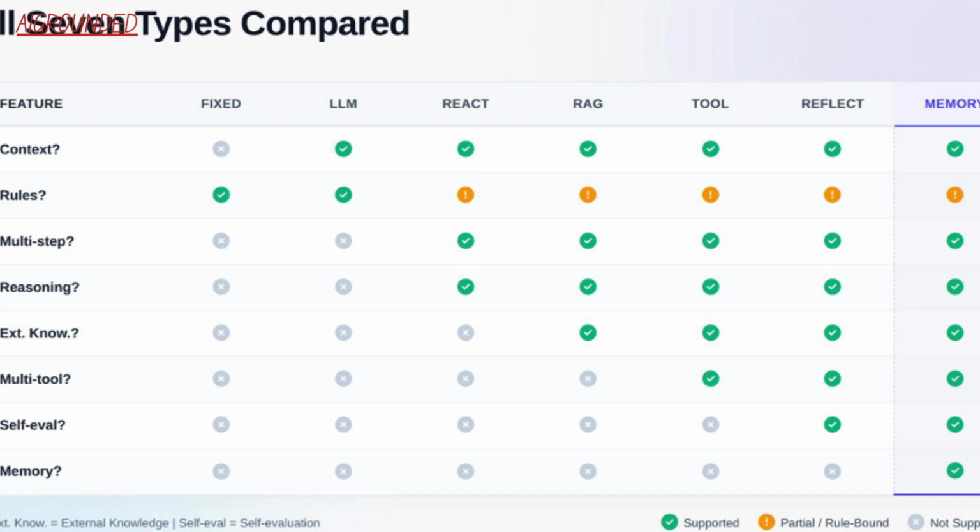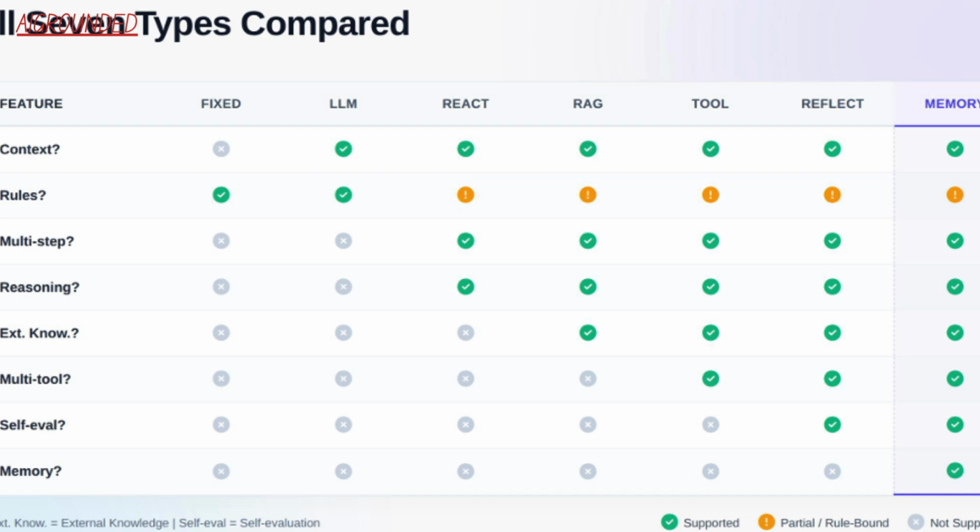Self-evaluation: only self-reflective agent and memory enhanced agent. Persistent memory: only memory enhanced. And as you move right across this spectrum, cost and complexity increase. The key insight: you don't always need the most sophisticated type. The right choice depends entirely on what your specific task actually requires.